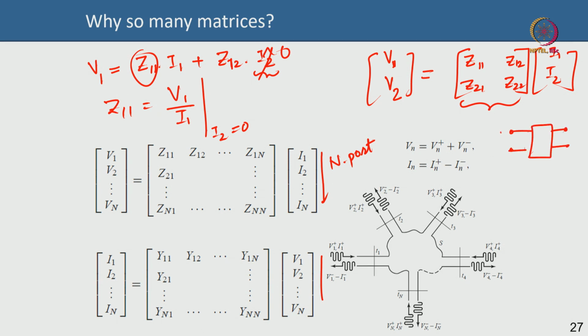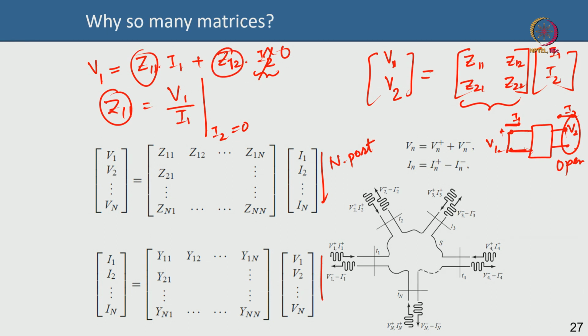This is V1 on the port here, this is V2 at the port there, plus minus, and this is your current I1, this is your current I2 here. If I say I2 equal to 0, it means the output port is open. I measure the input voltage by the input current, and that ratio will give me Z11.